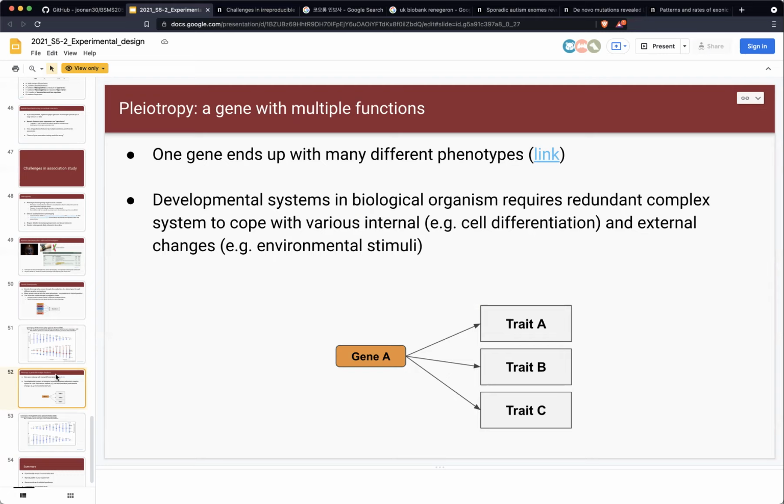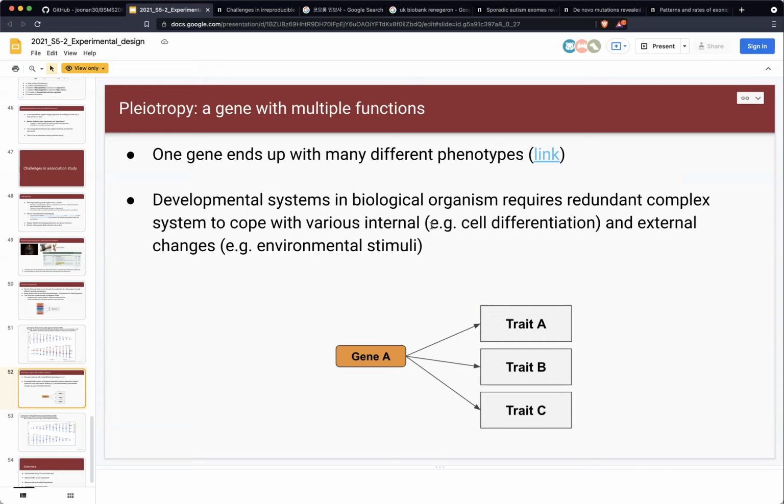The reason is that it is good from the evolutionary perspective, because in your development you have to cope with various situations, right? Like you have to differentiate into different cell types, or different environmental factors affect your development, right? So in each different situation, you have to use different cards.